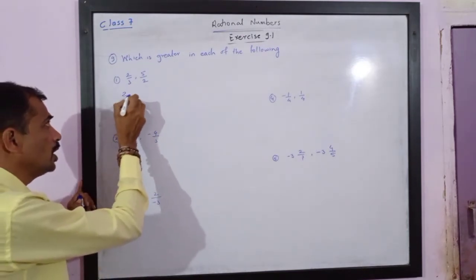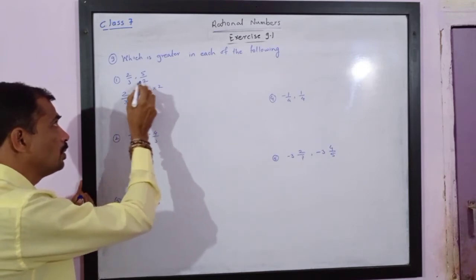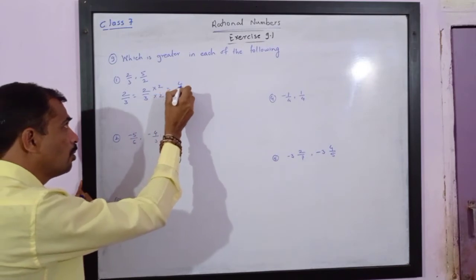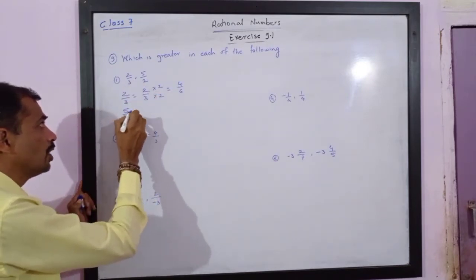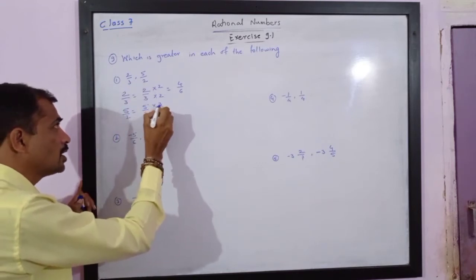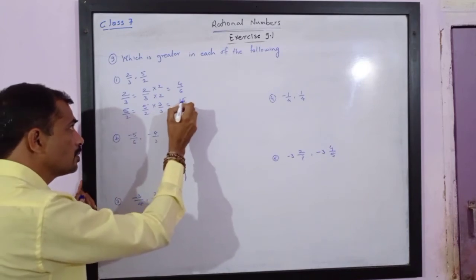So 2 upon 3 is equal to 2 upon 3 multiplied by 2. Please note, it is the denominator of the other fraction. So I will get 4 upon 6. Now 5 upon 2 we have to multiply by the denominator of the other fraction, that will be 15 upon 6.